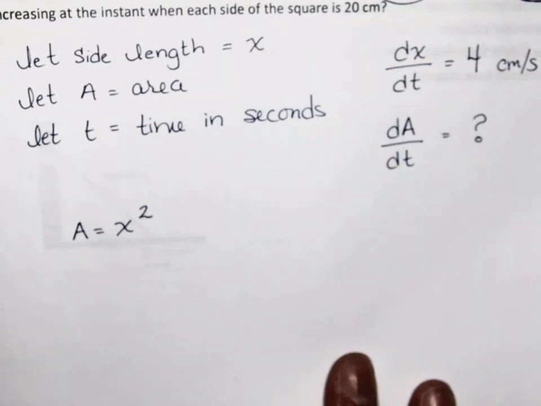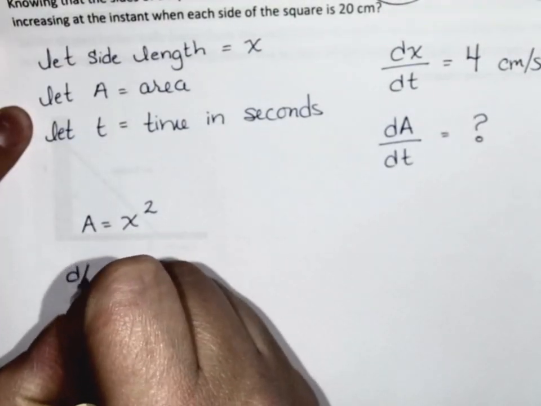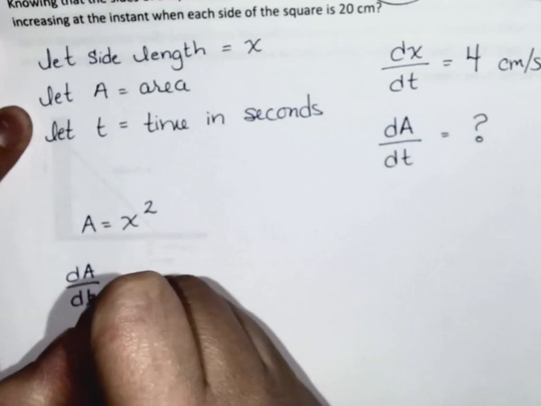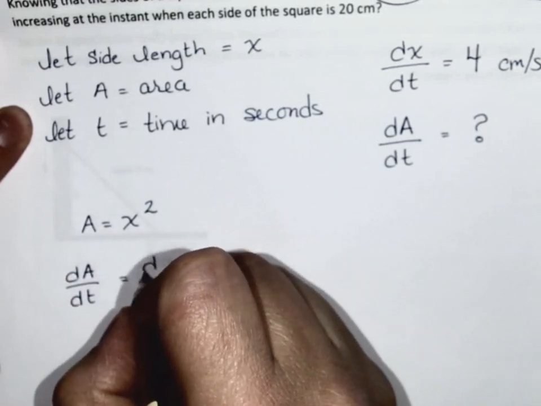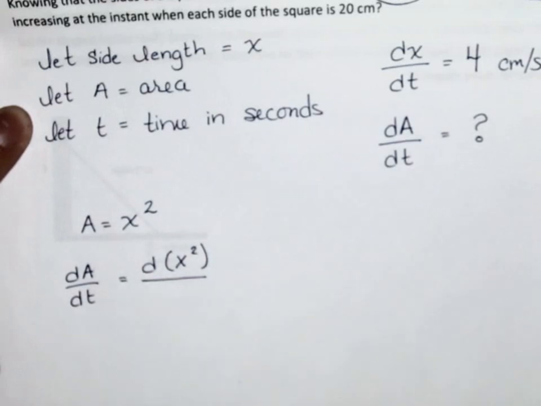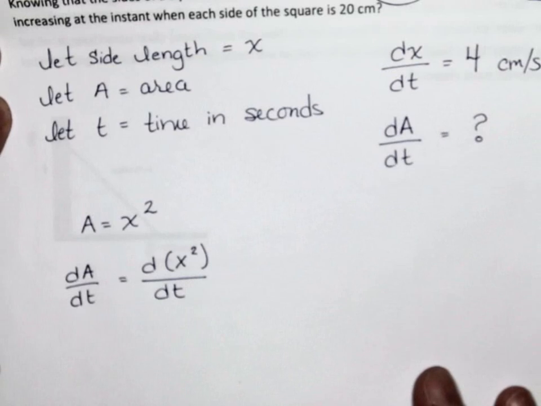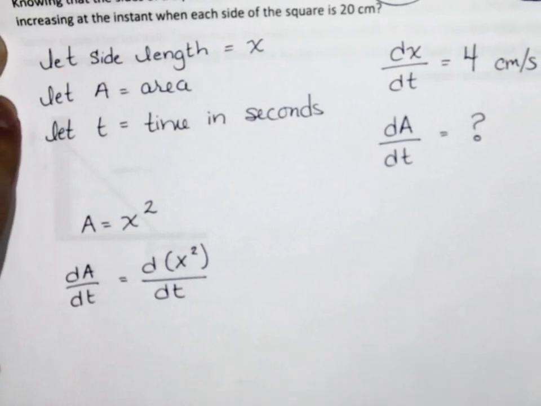So we are going to differentiate both sides of this equation with respect to time. Previously you told us that for y we need the y prime, but for x we don't need that.